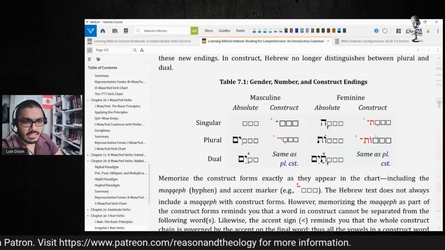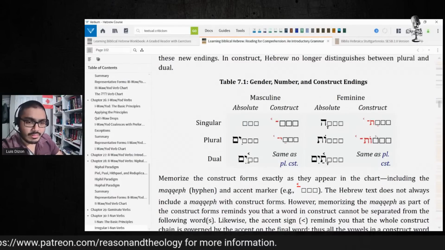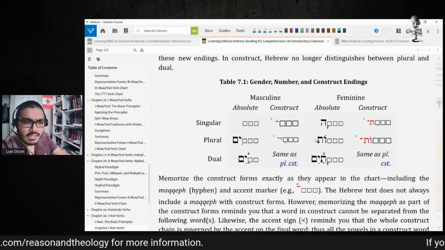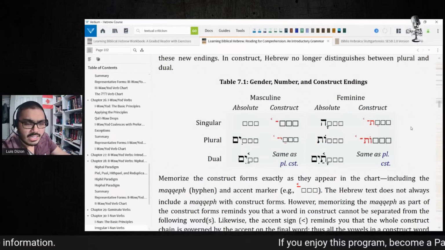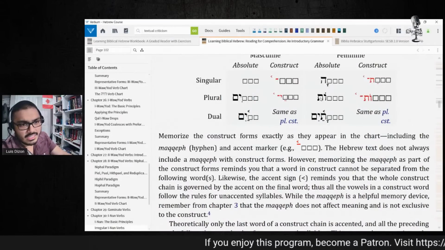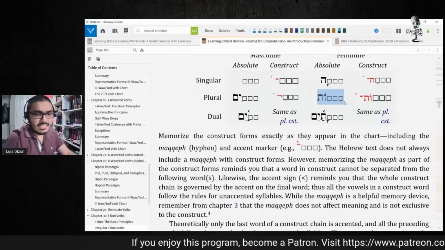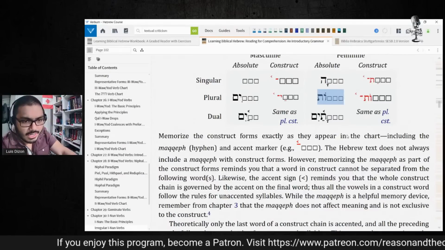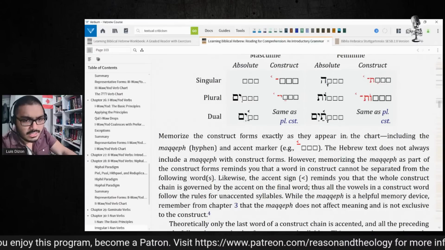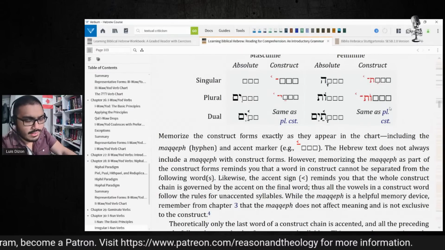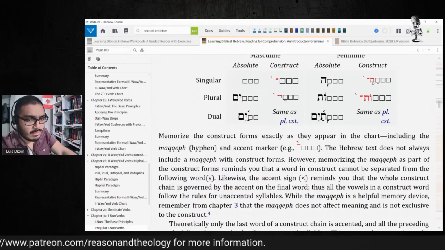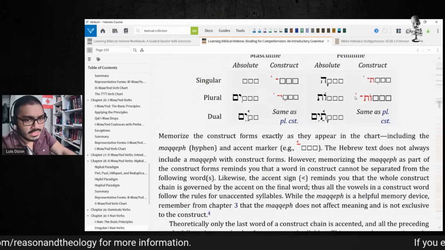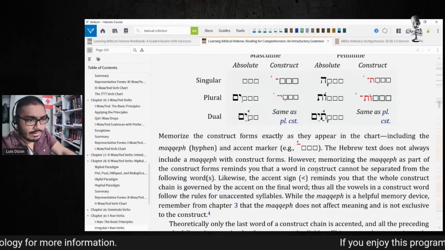So you would take the accented syllable in the second noun, and then modify the vowels in the first noun, either lengthening or shortening them according to their distance from the accent.